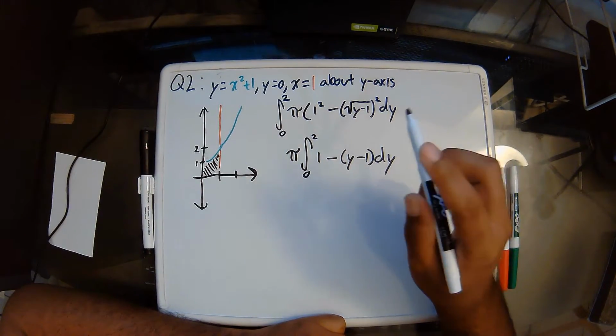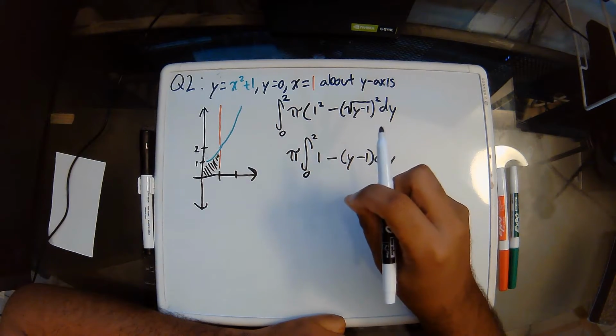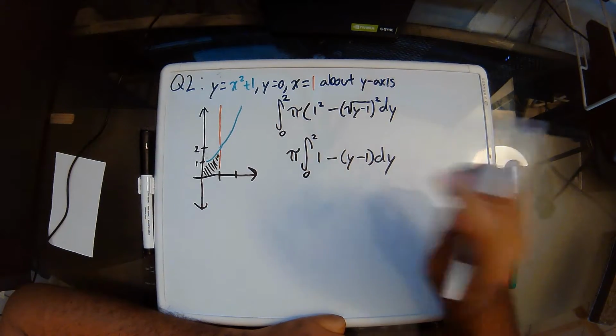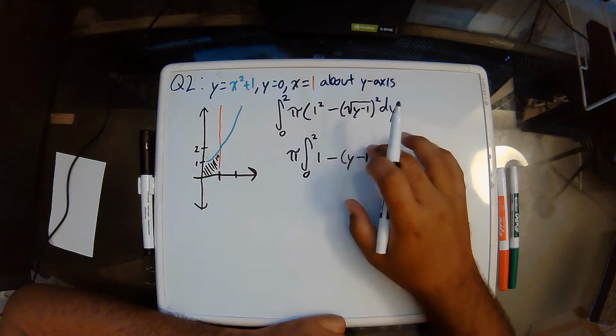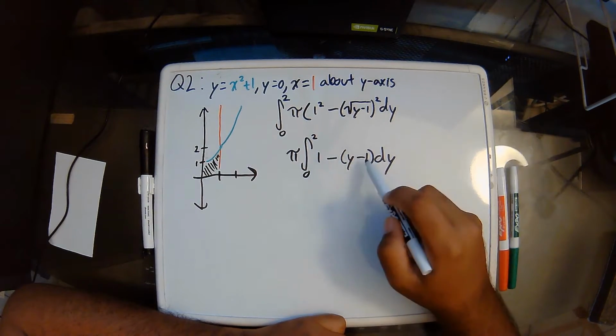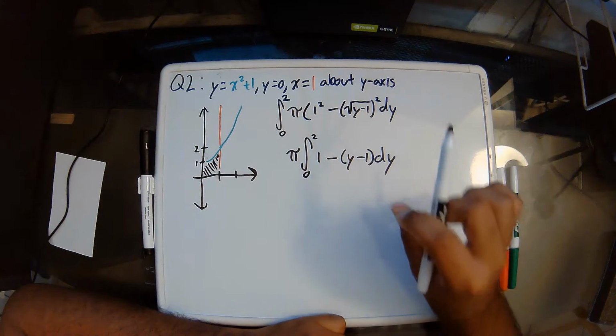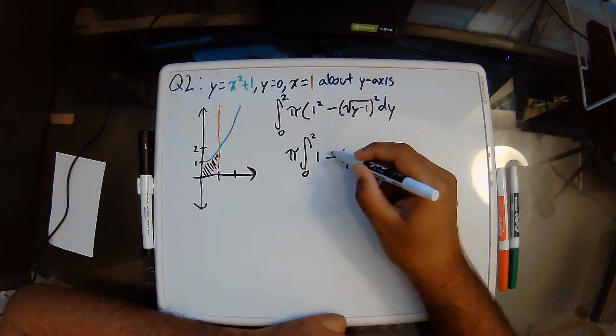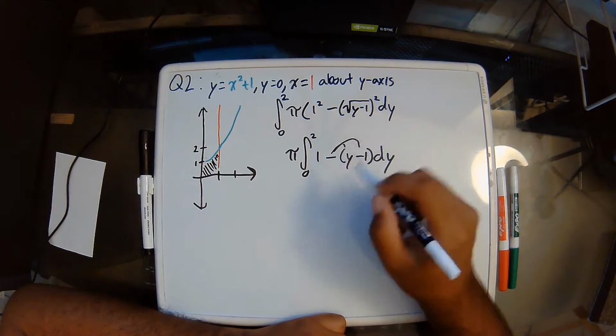Now, this is where we have to be a little bit tricky. One might think to just remove these two, and then we have 1 minus y minus 1, 1 minus 1 is 0. However, you have to distribute this to both of these.